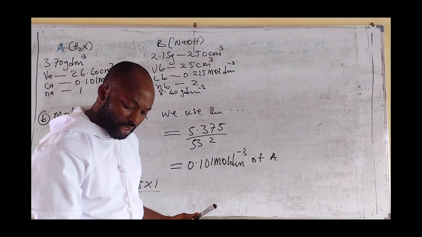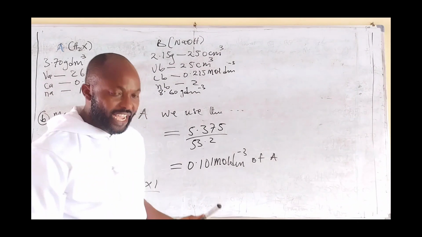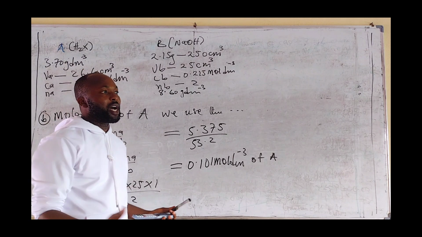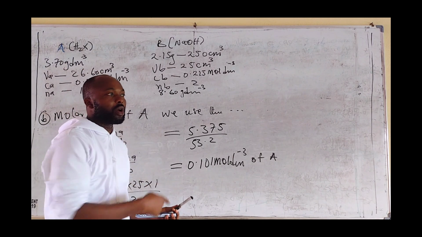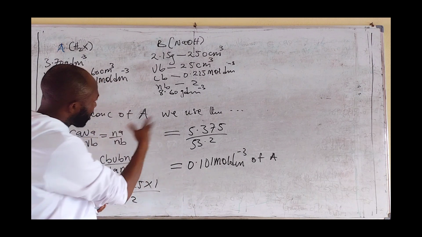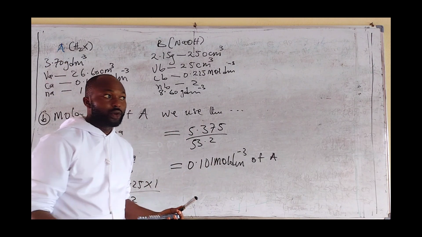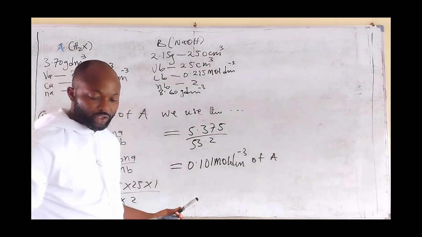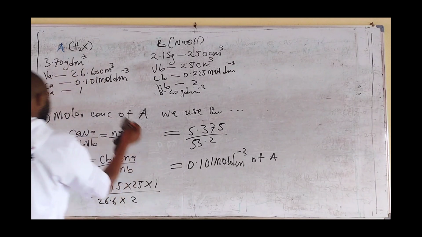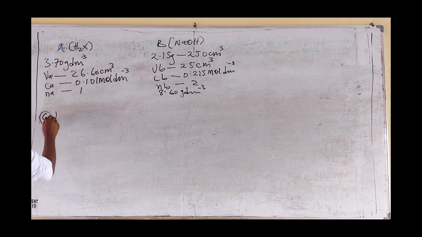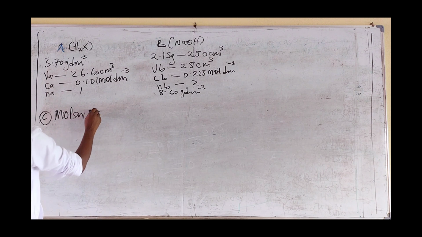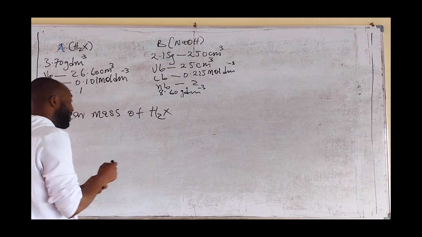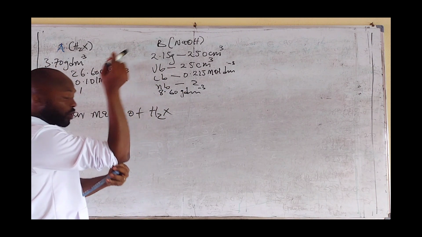Now let's proceed. Lastly, molar mass of the acid, H2X. Now, relative molecular mass is equal to mass concentration over molar count. We've gotten our molar counts on both sides. So we can easily get the relative molecular mass like they are requiring from us, the molar mass of H2X. Remember, we don't know the acid, so X remains unknown.